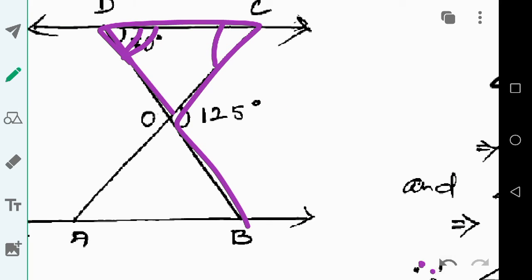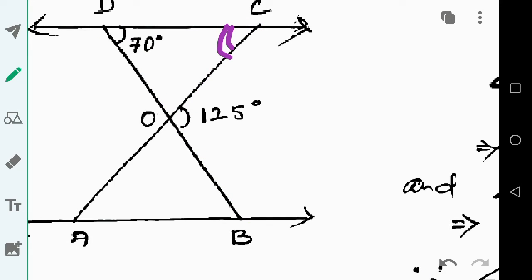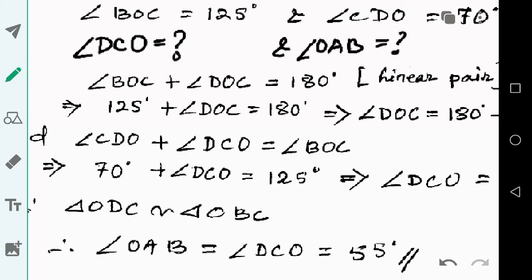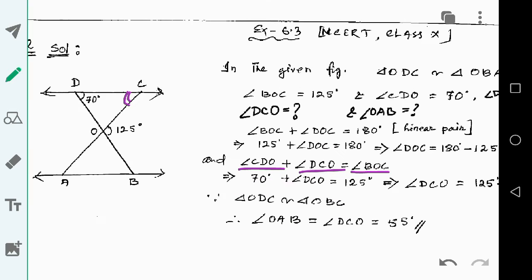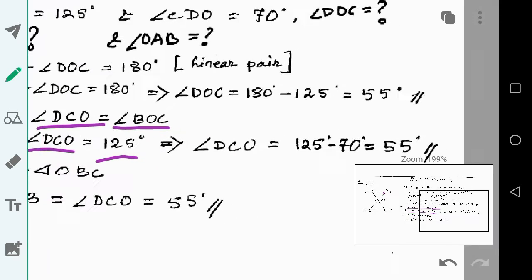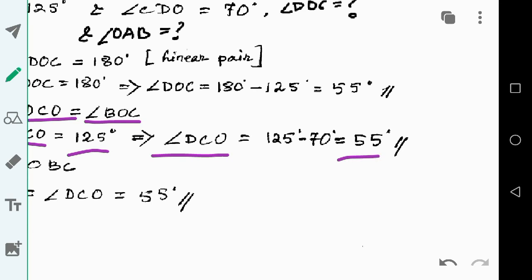From this relation we can find DCO: CDO plus DCO is equal to BOC, because BOC is the exterior angle of triangle ODC. Here CDO is 70, DCO is unknown, and BOC is 125, and from this relation we have got DCO is 55.